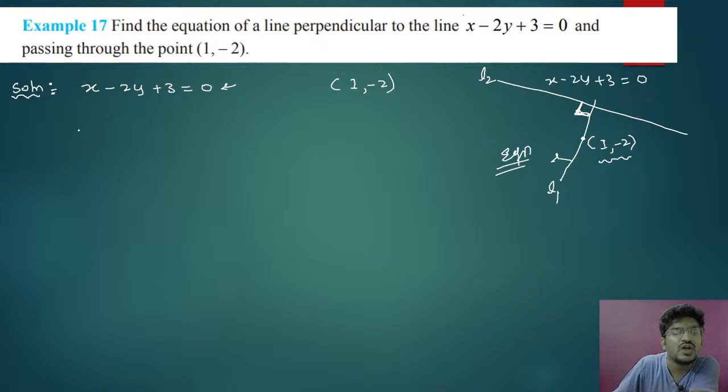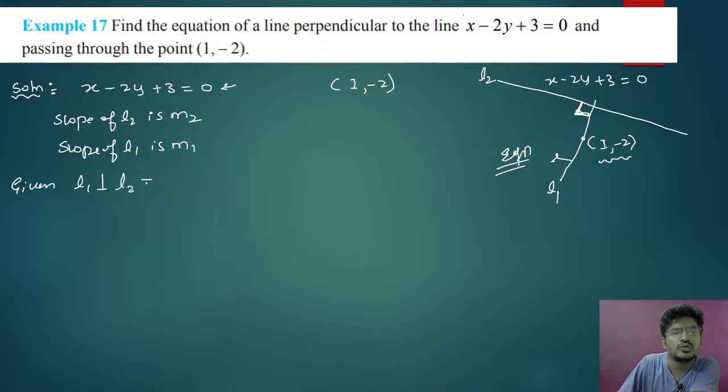Clear? So now let us find the slope of L2. Slope of L2 is M2, and slope of L1 is M1. Already they have given that L1 is perpendicular to L2. What does it imply? M1 into M2 equal to minus 1.